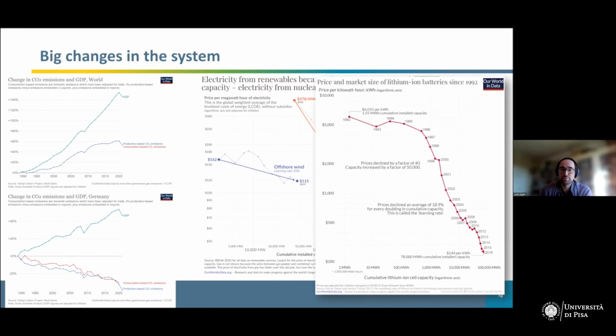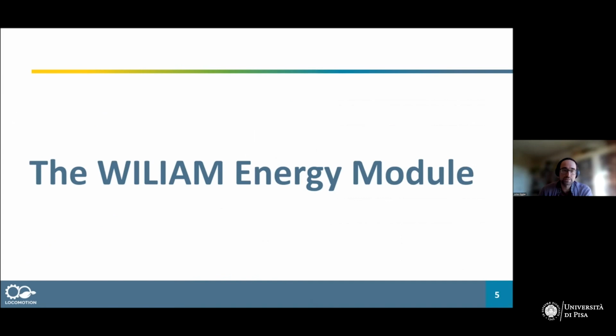So we have a lot of changes that are in the system, and a lot of changes that are also apparent and that will appear in the near future that we need to model in detail in order to capture the dynamics that they will invoke in the whole system. So we can't ignore these dynamics.